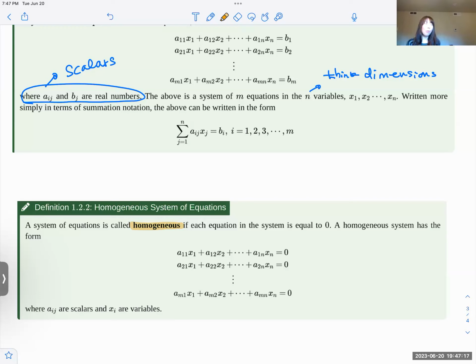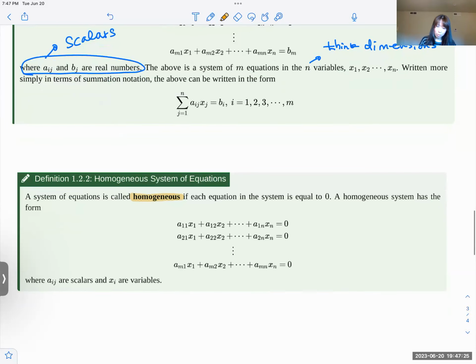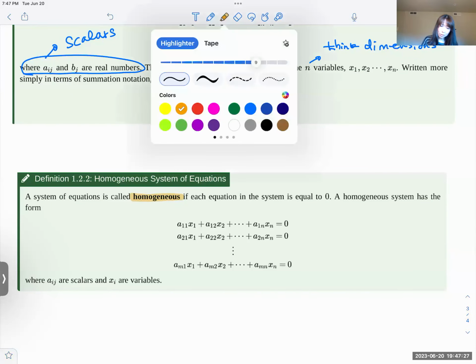Okay. Now, why are we doing this? Because we want to find our solution set, right? So, in order to find the solution set.